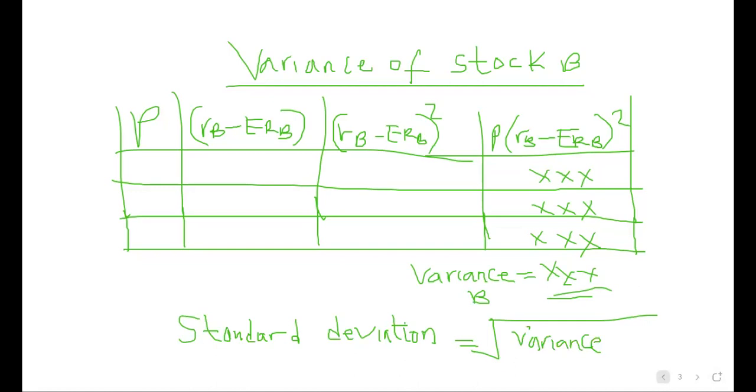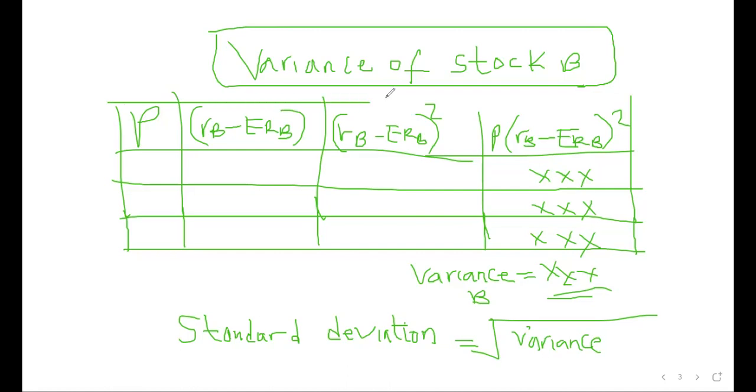Mr. Stanley, I've got a question. This P, which stands for probability, does it stand alone, or is it the probability of the second column, the probability of the third column? Okay, this P will be given in the question.